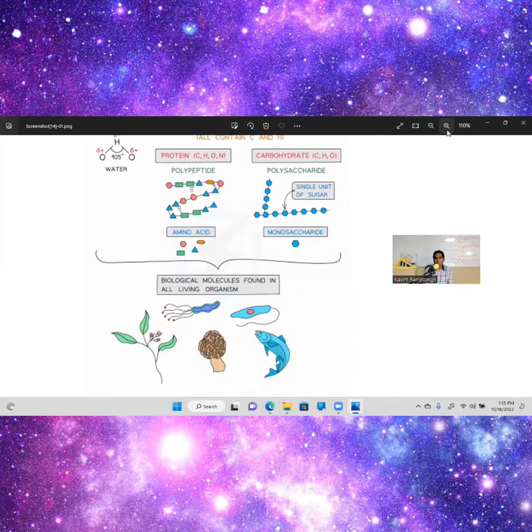So this is just showing you again the amino acids, the monomers coming together to form your polypeptides. Many polypeptides will form your proteins. Monosaccharides come together to form your disaccharides. Many disaccharides form your polysaccharides and so on.